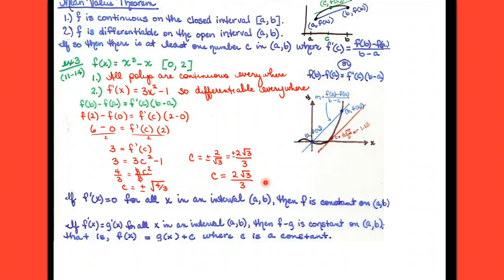And so if I actually throw this into my calculator, here's the graph of that original function. And we were going from (0, 0) to (2, 6). So if I connect that, there's that line that had a slope of 3. And sure enough, at the point 1.15, I could draw a tangent line that is parallel to that line. That's what the theorem helped me find.